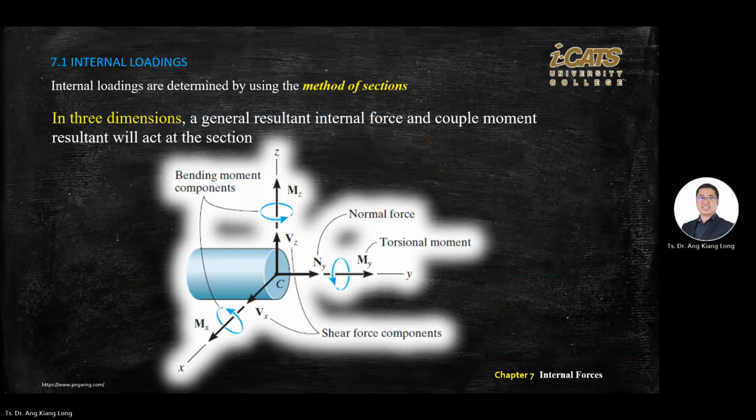Okay, so again, use your right hand. The normal force, this is the y direction. The direction of the moment M or torsion follows your fingers as they curve. This is My, this is Mz, this is Mx.